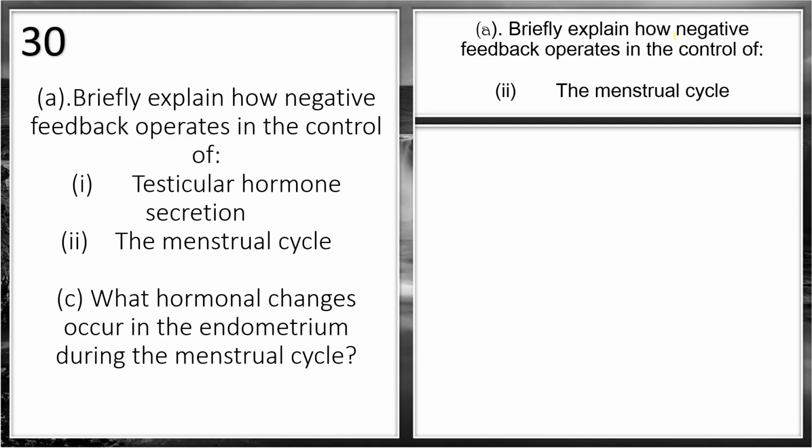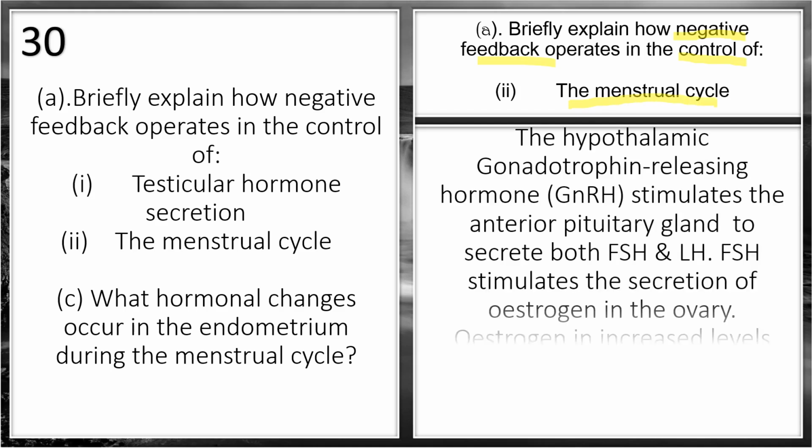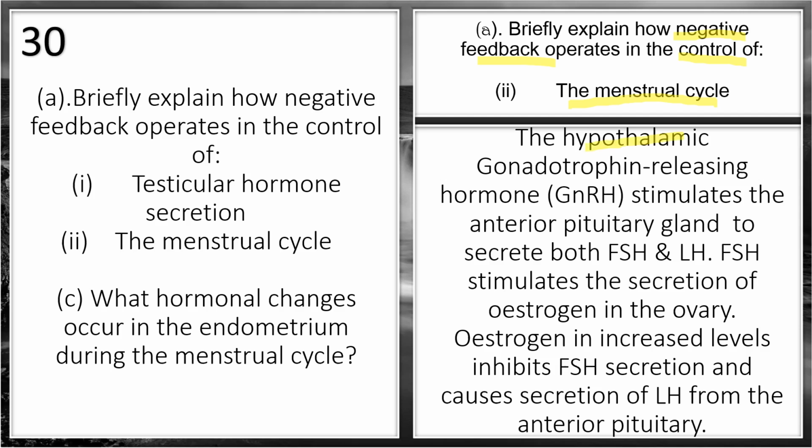Now explain how negative feedback operates in the control of the menstrual cycle. The hypothalamic gonadotrophin-releasing hormone stimulates the anterior pituitary gland to secrete both follicle-stimulating hormone and luteinizing hormone. Follicle-stimulating hormone stimulates the secretion of estrogen in the ovary.